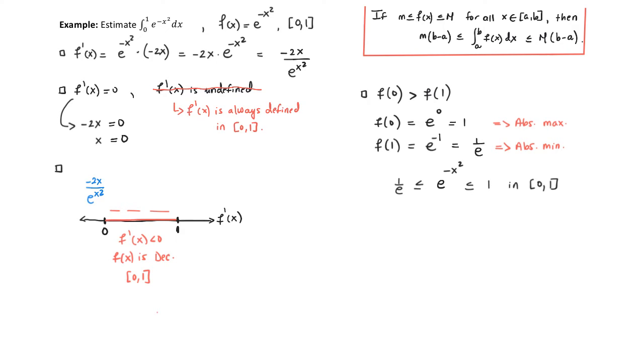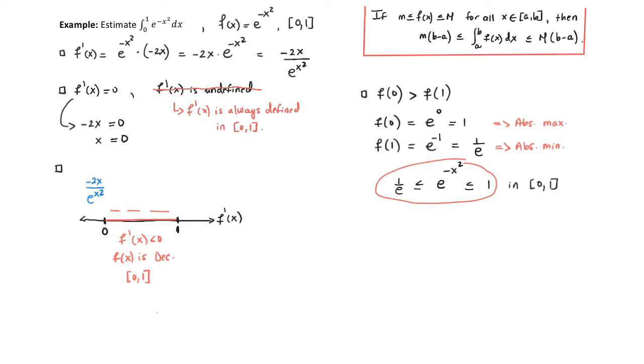So practically, what I have is the following. My function is bounded between 1 over e and 1, and this beautifully matches the condition of my comparison test for integrals.